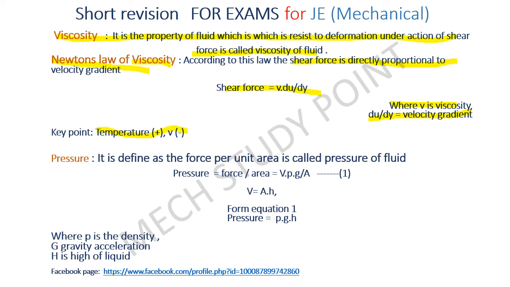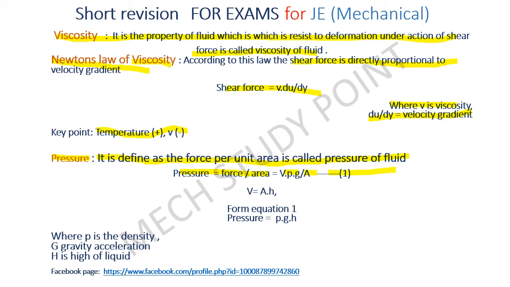So the next property is pressure. It is defined as the force per unit area, called the pressure of the fluid. So pressure is equal to force per unit area. So force is equal to V rho g by A. This is equation first.